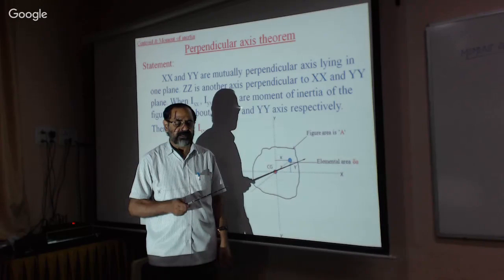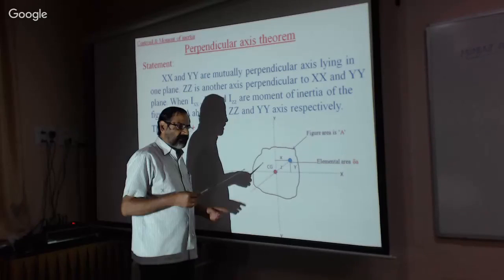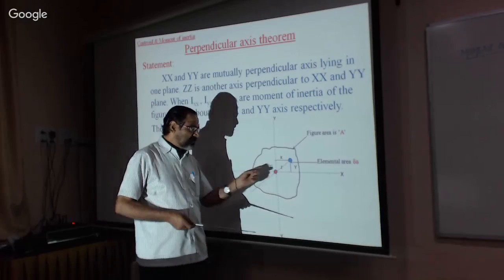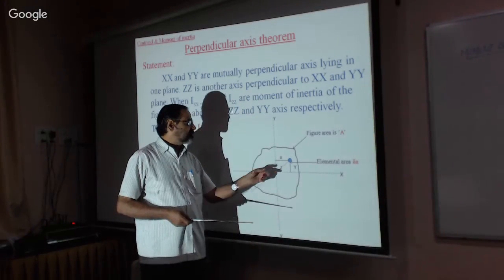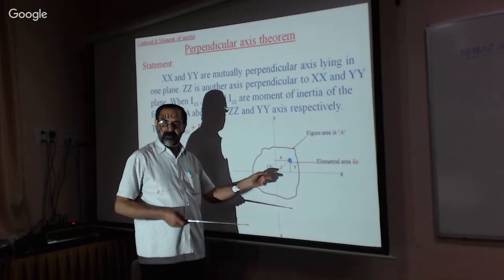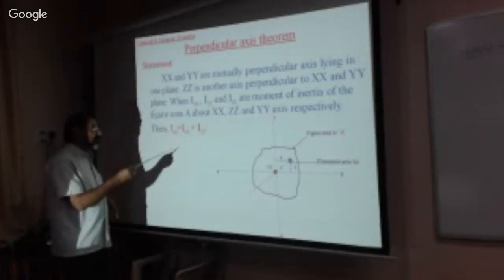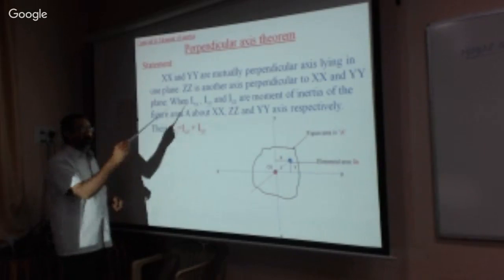The statement says x, y and z are three mutually perpendicular axes passing through the centroid of the given figure, and Ix, Iyy and Izz are the moments of inertia of the figure about the centroidal axes. Then Izz, the moment of inertia about the z axis, is equal to the moment of inertia about the x axis plus the moment of inertia about the y axis.